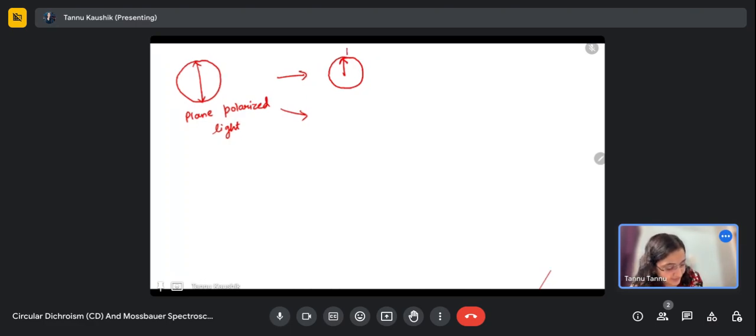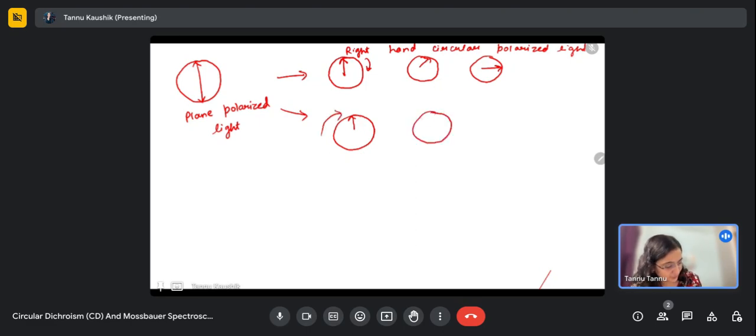One is right hand circularly polarized light, and the other is left hand circularly polarized light.